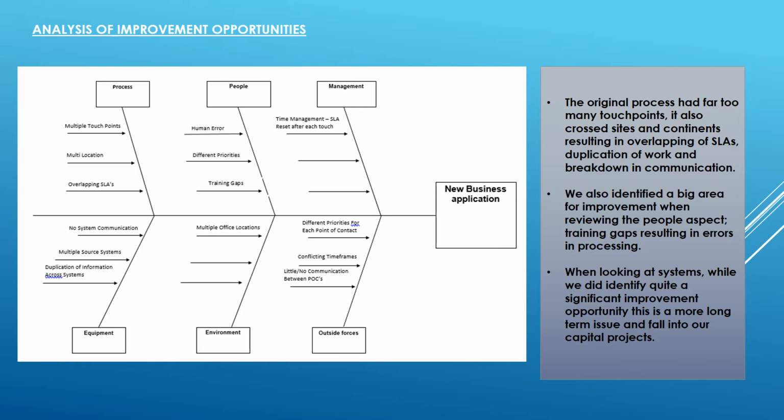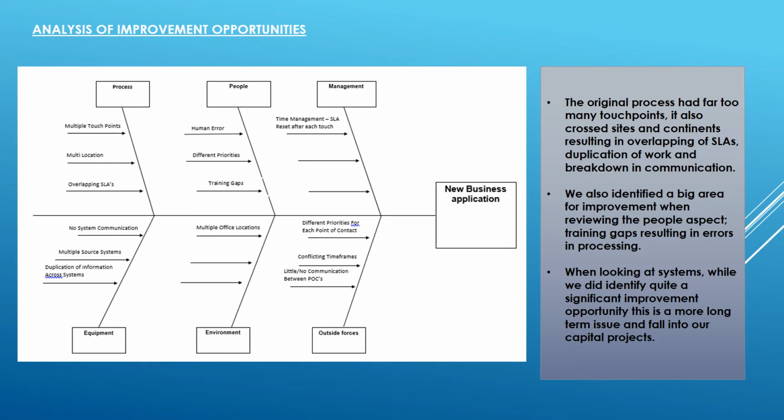When we look at the process, it's clear to see the process itself has far too many touch points. There are multiple touch points by multiple different agents the whole way across the process. As it stands at this moment in time, a new application will come into the same queue as all our other applications, be it for correspondence or any other applications that come in on a daily basis.